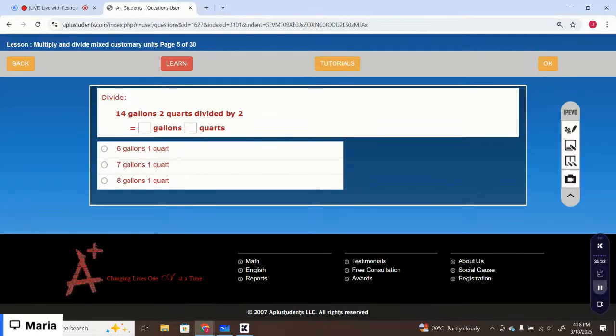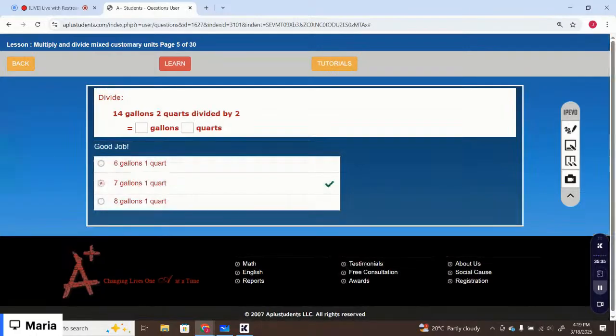You have to divide them by 2. That would be then 7 gallons and 1 quart. No one is answering, why is that too difficult? 7 gallons, 1 quart. Option number 2 is the correct option.